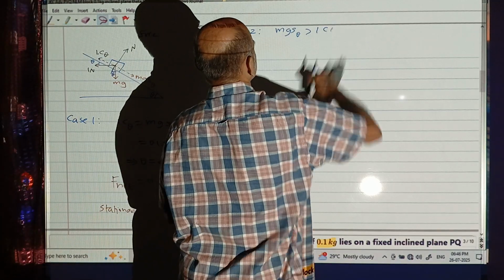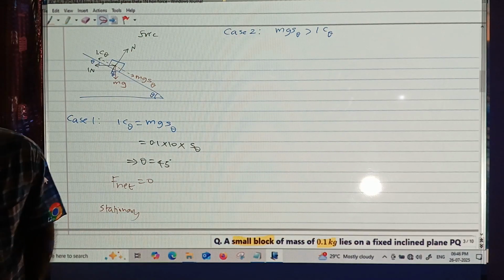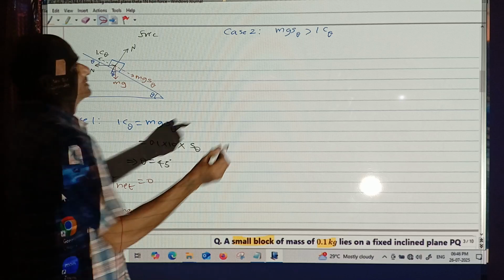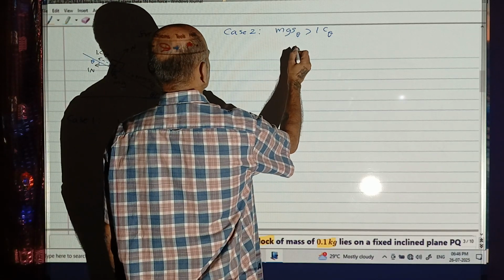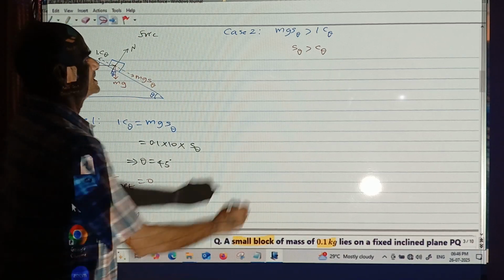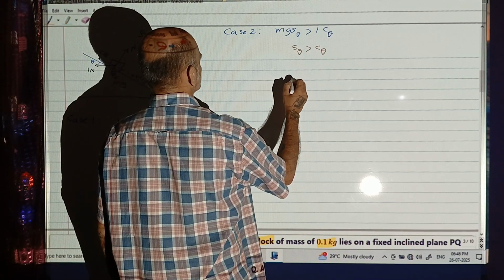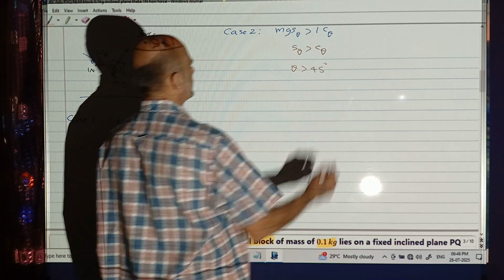Is this possible? mg is 1 because mass is 0.1, g is 10. So sin theta is greater than cos theta. This means theta is greater than 45 degrees.